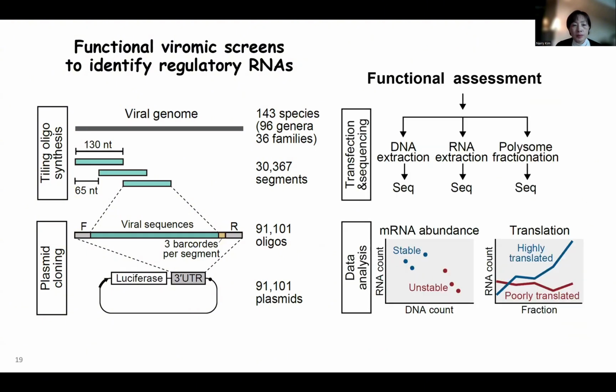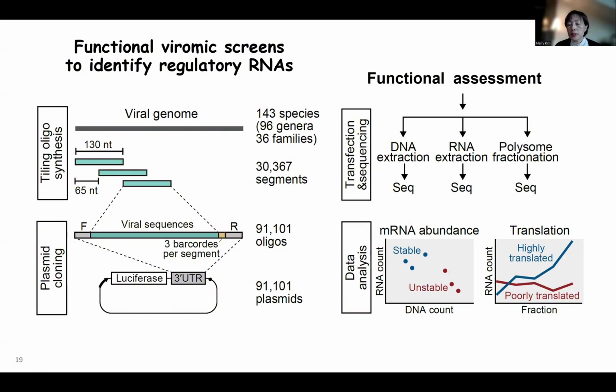Now, to assess the functionality of these individual elements, we transfected this library of plasmids into HCT116 and extracted DNA or RNA for sequencing. By comparing the DNA count and RNA count, we could estimate their impacts on mRNA abundance, which is a proxy to mRNA stability.